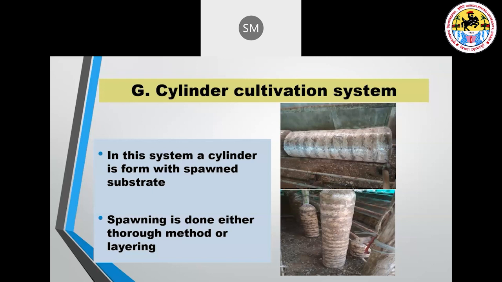In the layering method of spawning, a huge amount of spawn is used. The second problem is that filling or making the cylinder with the help of straw is a very difficult task to do.